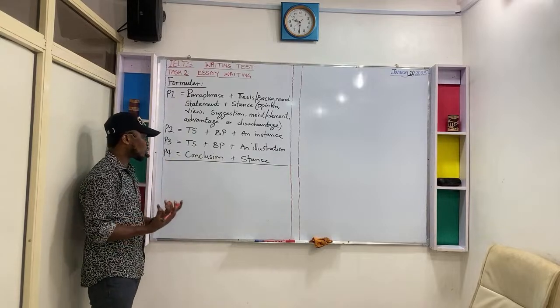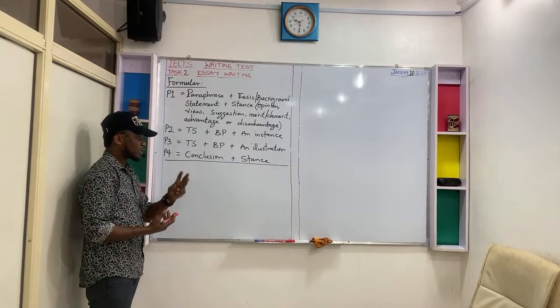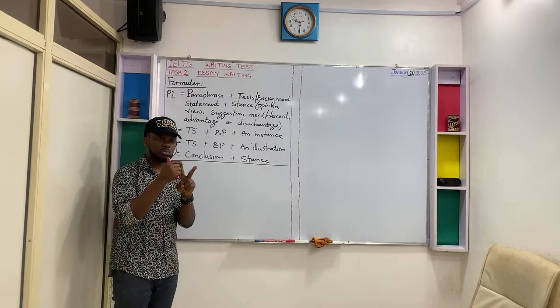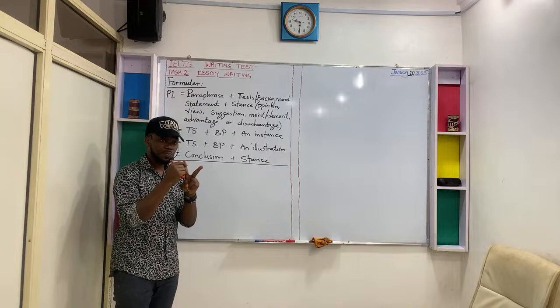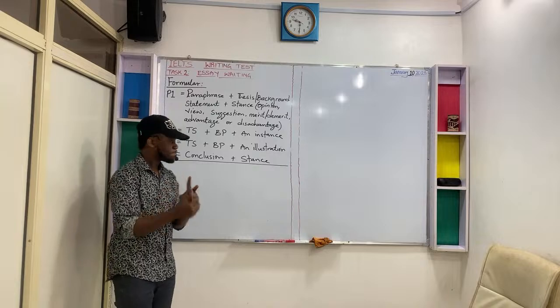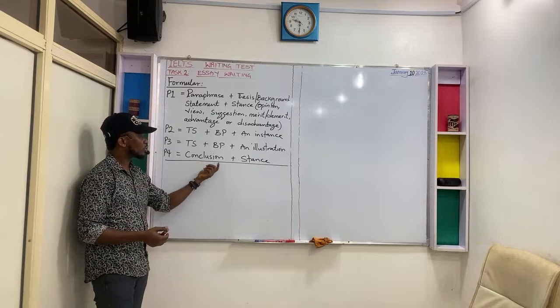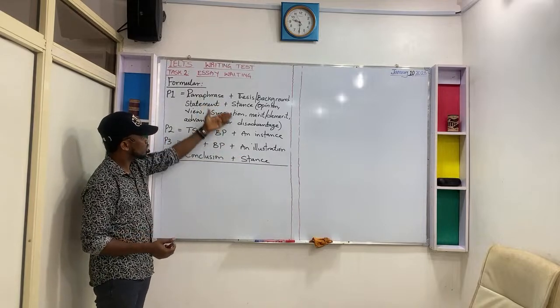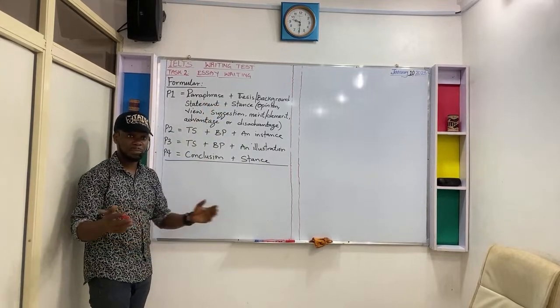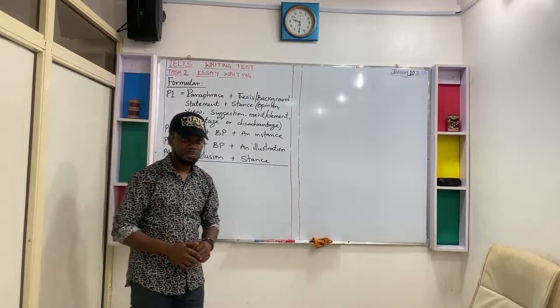Paragraph 4, you are concluding your essay. I gave us 2 options of conclusion. You either conclude by saying summarily or conclusively, or you can conclude by saying in light of the above, right? So once you establish your conclusion, you simply bring down the opinion you must have written in your paragraph 1 down to your paragraph 4 in a paraphrased manner. And that's the end of your essay.